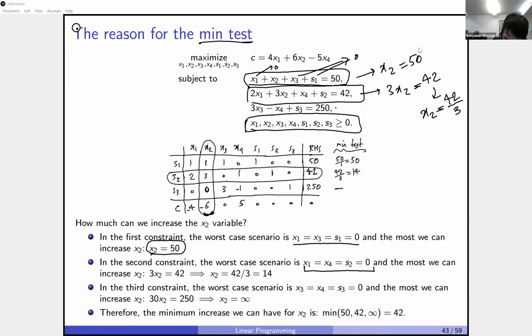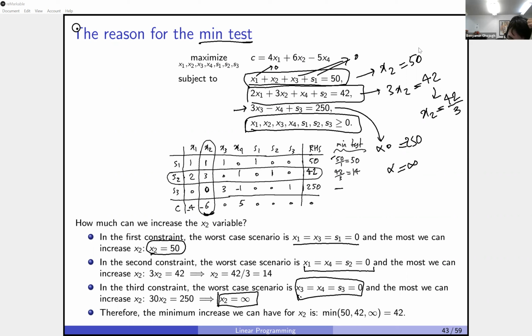Here, in the worst case scenario, you set x4 and s3 to 0, all of them to 0 except x2, but you don't have x2, so you will have 0 times x2 equals 250. Therefore, alpha should be infinite. So in other words, when you set these to 0, because you don't have x2 in this constraint, your x2 will become infinite.